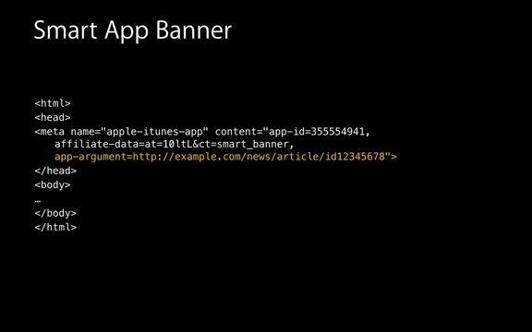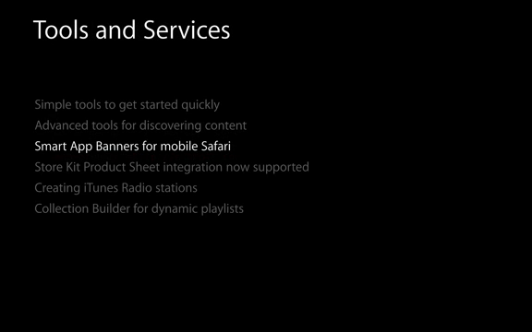The app argument is actually provided to the app on the command line, and you can see the same content that the user was looking at on the store. So it's easy integration without really interrupting the flow of things. So that's Smart App Banner. If you've got a large website, it's a very useful tool for cross-referencing your website and your app.